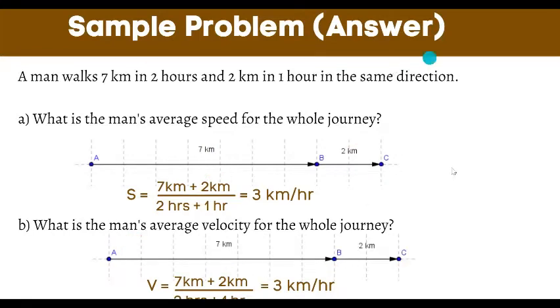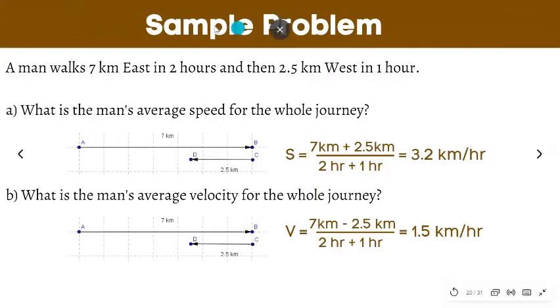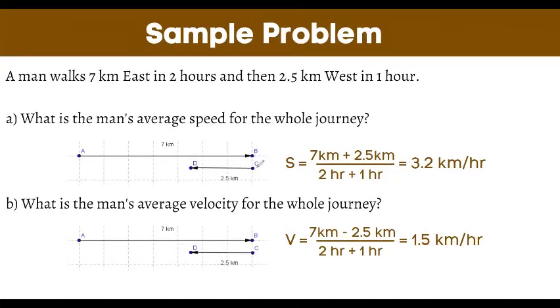How about when you have a different direction? What if a man walks 7 kilometers east in 2 hours and then 2.5 kilometers west in 1 hour? This is our illustration. The man walked 7 kilometers going east and 2.5 kilometers going west. Again, for the average speed, we must know the total distance.